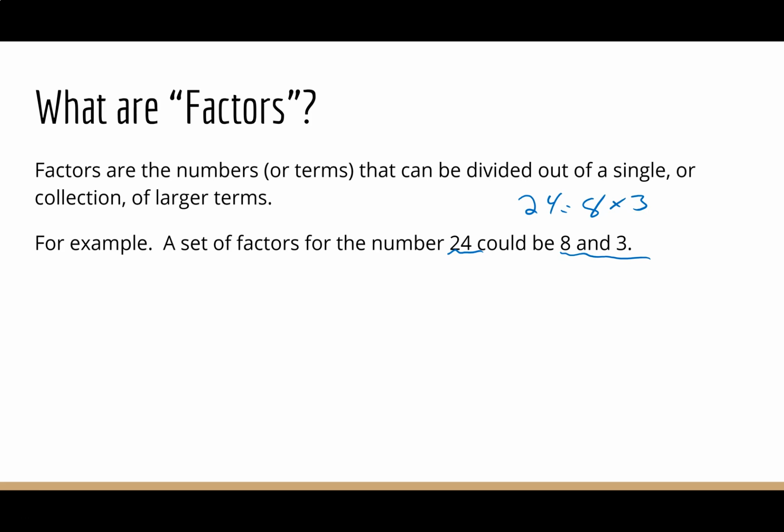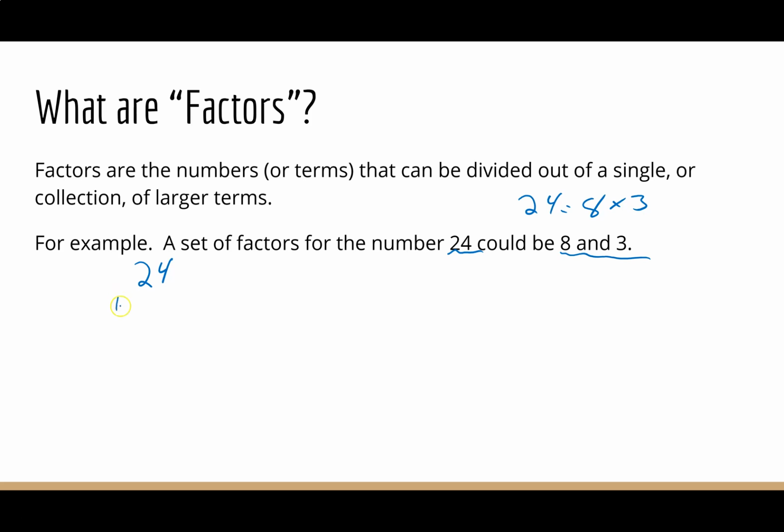Now, there are two different things that you need to be able to do, pretty much, for factoring quadratics. We need to be able to list all the possible factor combinations, and it's a good idea to know how to do prime factoring. So for all the possible factor combinations, it's just a matter of knowing your times tables.